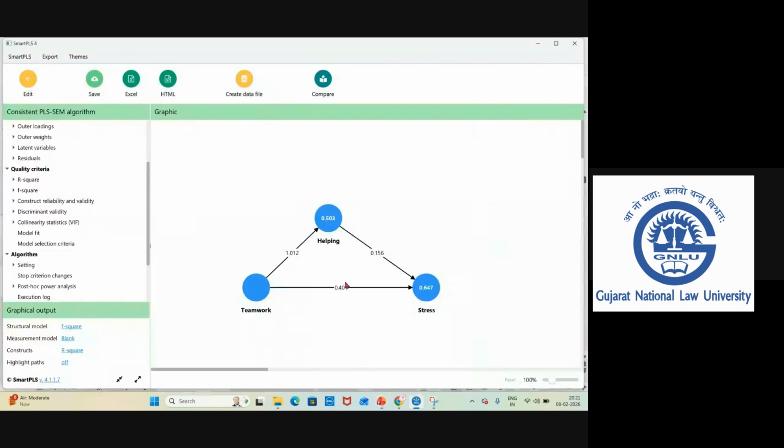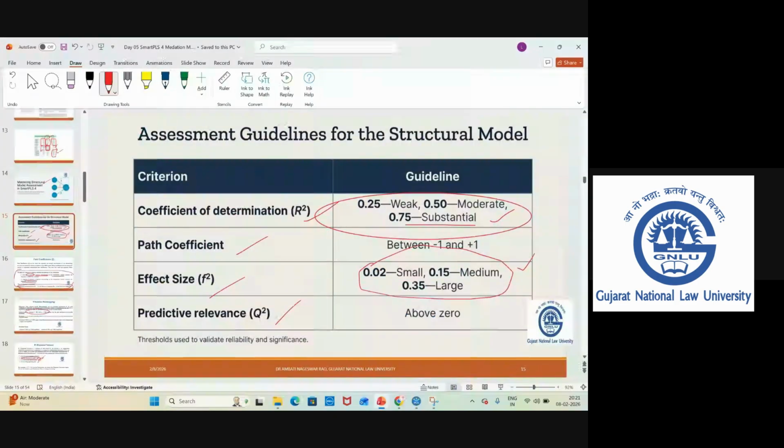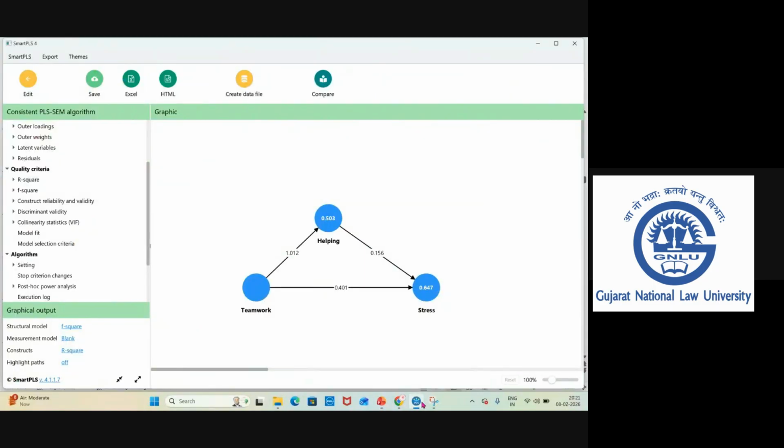Now, just look at here. It is 0.4. It is a large effect size. 0.1. It is a medium effect size. This is less than 0.15. 0.101.